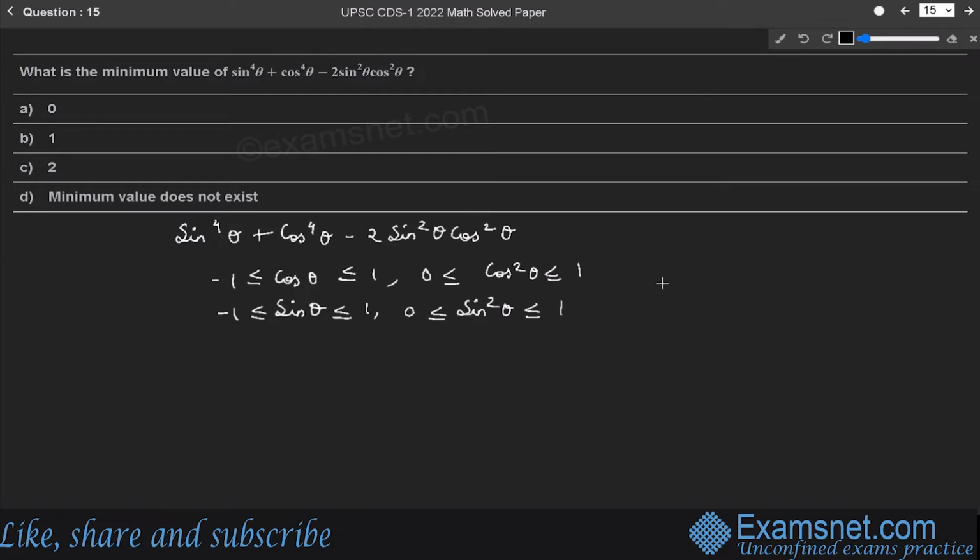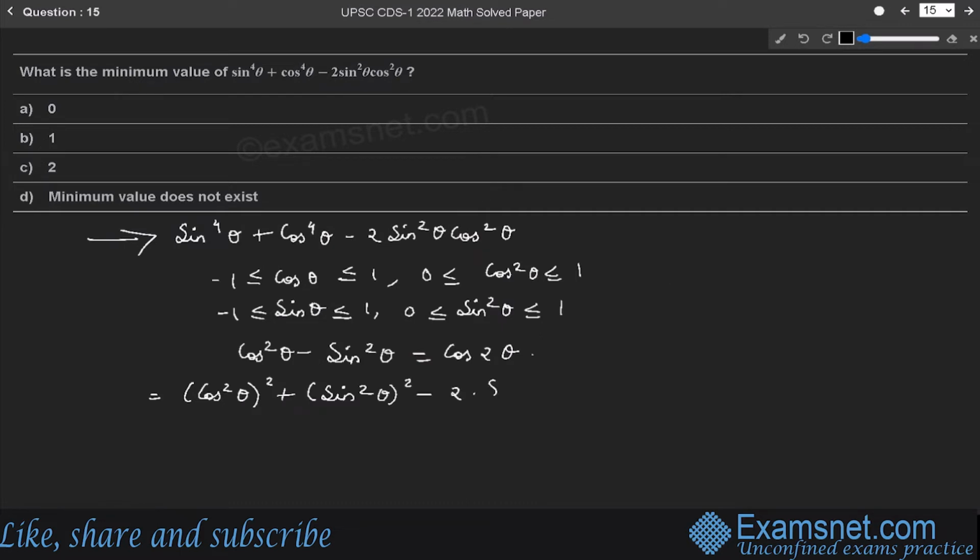And we also know that cos^2 theta - sin^2 theta is equal to cos 2 theta. Now we have this trigonometric expression. So putting values here, we will get (cos^2 theta)^2 + (sin^2 theta)^2 - 2 into sin^2 theta into cos^2 theta.